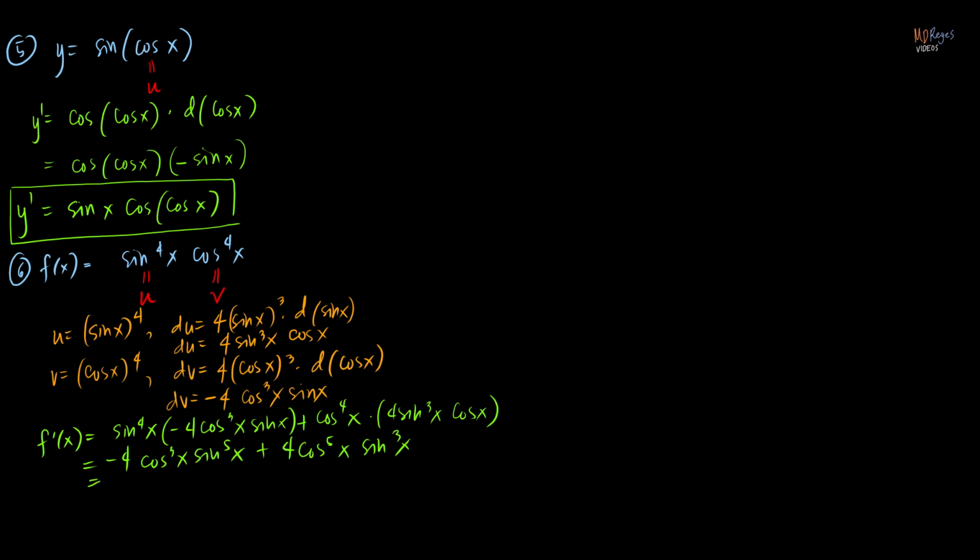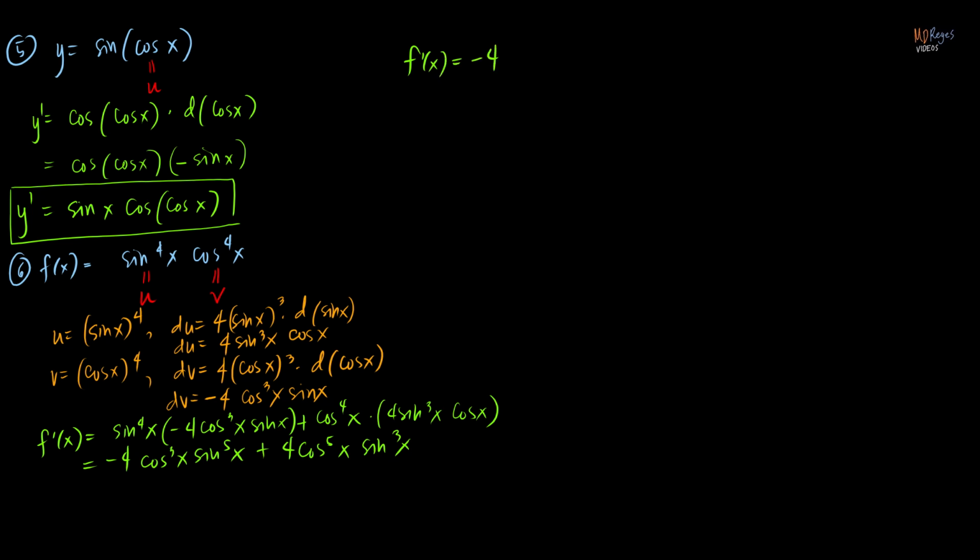We can factor out negative 4, common expressions between the two terms. Let me just write this on top. So f prime of x, negative 4 factor out.